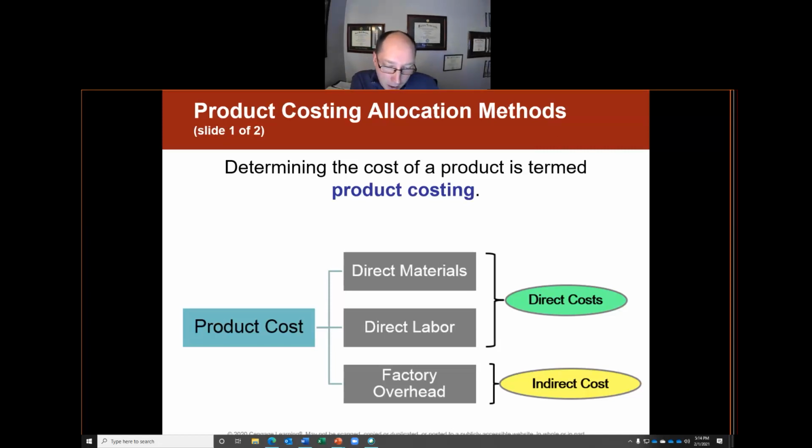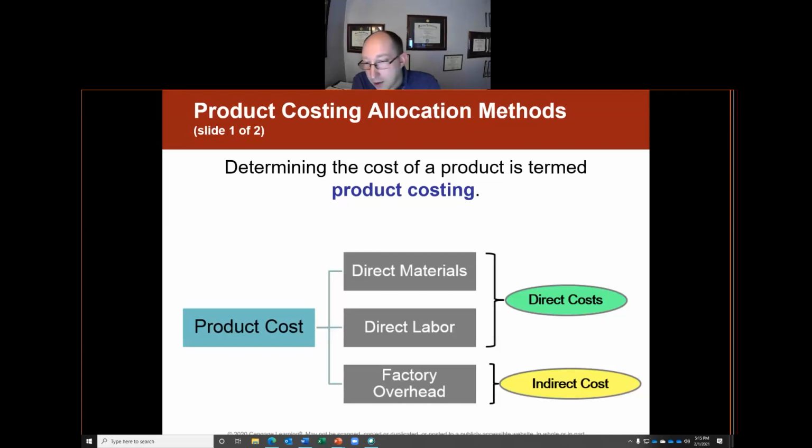Factory overhead is the rent for the space or the mortgage for the space. Factory overhead is also utilities needed for the machines. Factory overhead is also depreciation of the property, plant, and equipment. Factory overhead are those things that are indirect, right?